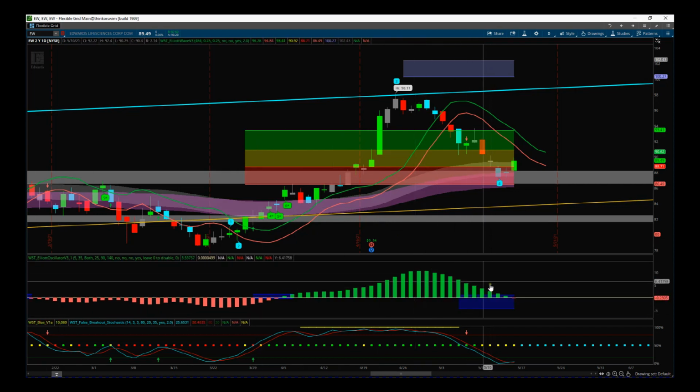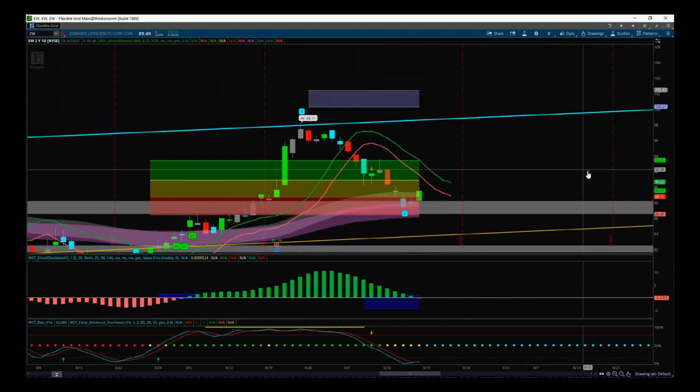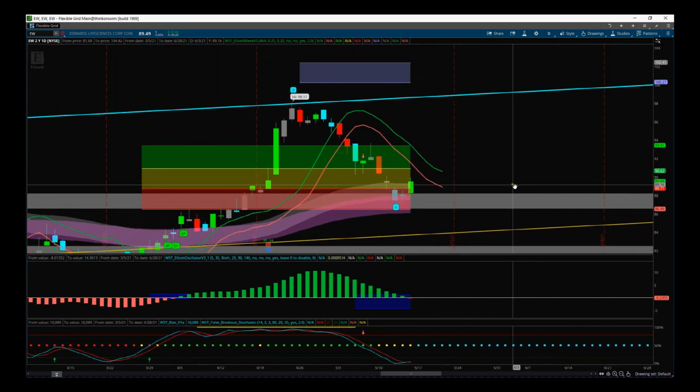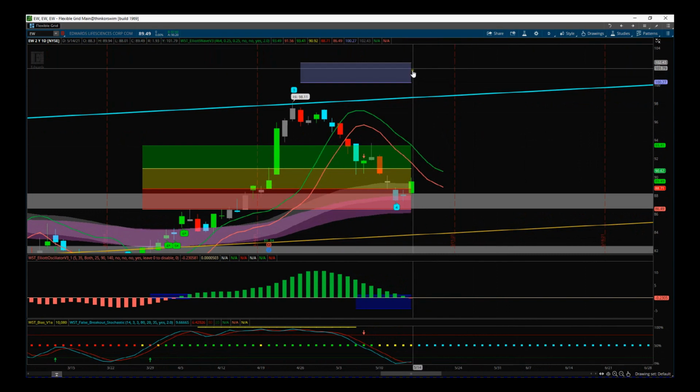The behavior on the Elliott Wave oscillator is within parameters. We've had a false breakout on the stochastic, these yellow dots. It's pulled back against there. It's like an elastic band. It wants to return to that bullish state. This is looking good for a potential fifth wave move up to get new highs.